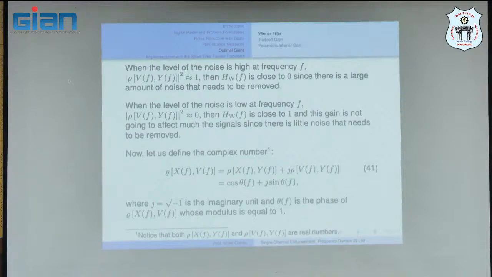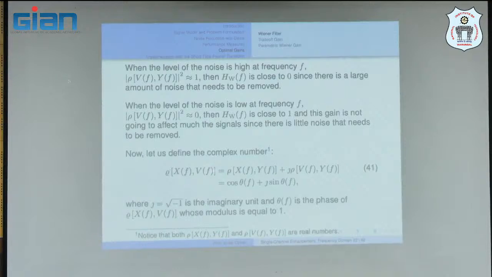We can also define something which is nice. You see the coherence function is a real number, right? So we can define a complex coherence function between x and v.